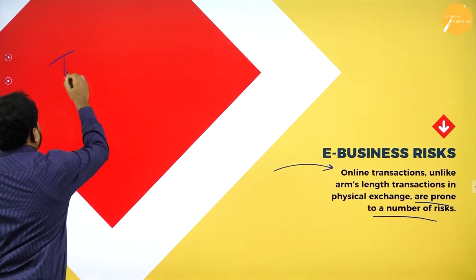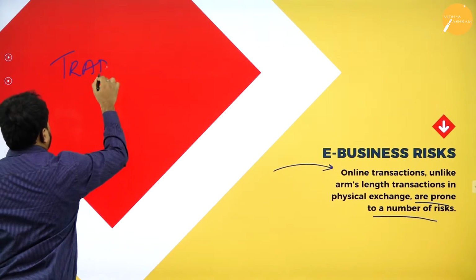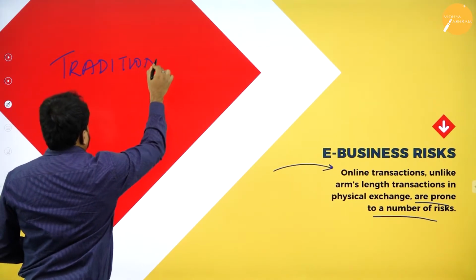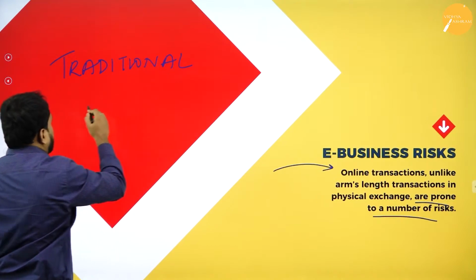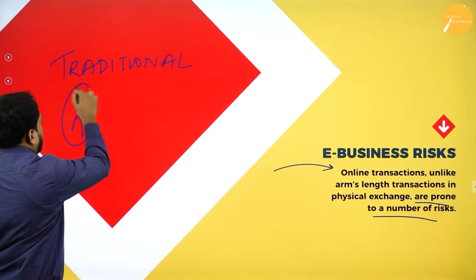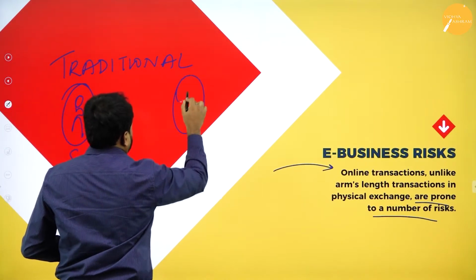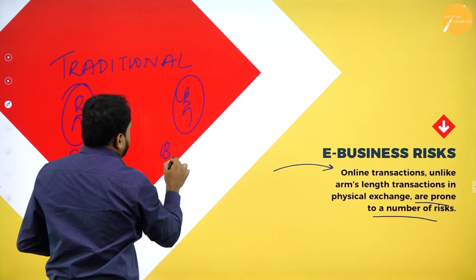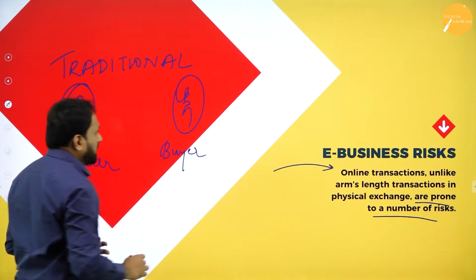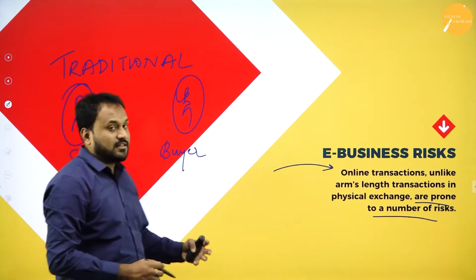Now in the traditional, what used to happen: there was a seller and a buyer. There are two things, one is seller and another is buyer.